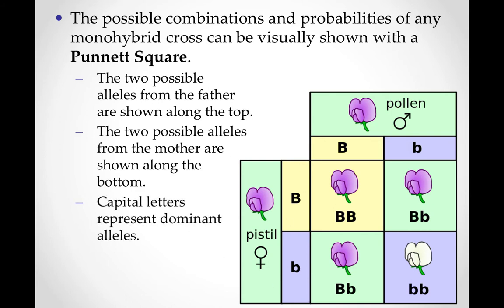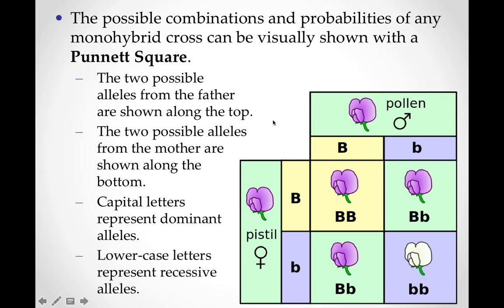The capital letters represent dominant alleles. So dominant is the big B here and a big B here. Now, you could do big B and little b, because whenever you're doing a monohybrid, you always keep the same letter, just the lower case of it represents the recessive allele. So keep that in mind.